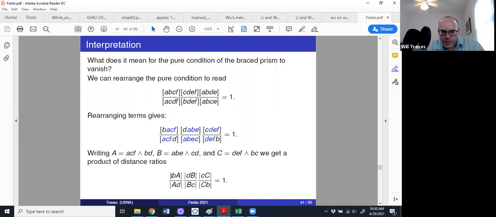And notice that this goes from B to A and then from A to D. I'm thinking of this as going from B to D, and you pass through A on your way. And then you go from D to C, passing through B, and then you go from C back to B, where you started, with C on your way. You get a triangular path going from B to D to C and back to B, with these capital letter points on the edges of the triangle.